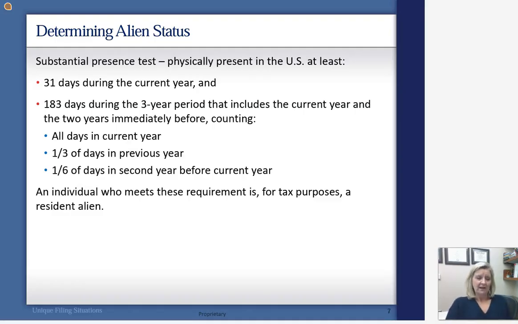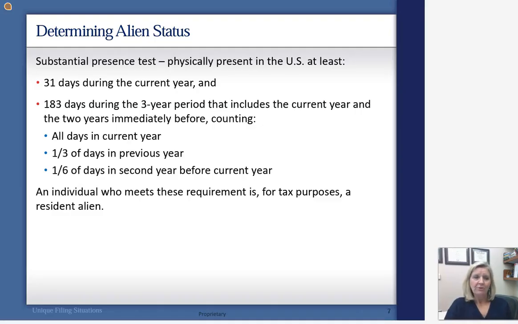So if I have a taxpayer who comes in who is in F1 status, that is a student status, during the time that they are here on their F1 visa, they are exempt from the substantial presence test, and they are under a different set of rules. So that's not what we're talking about. We are talking about someone who is not here on a student or scholar visa.